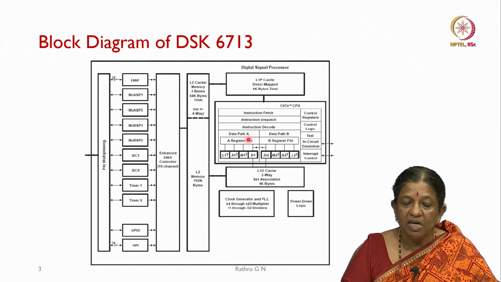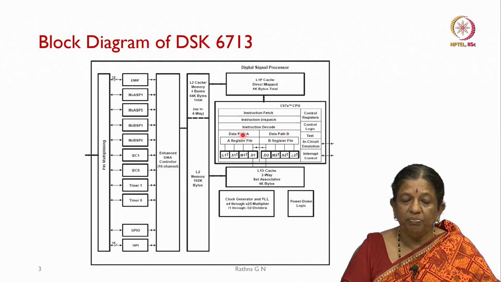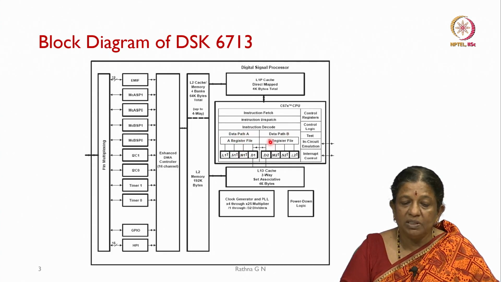We call one path A and the other path B. The A register file is connected to one functional block, and the B register file is connected to the other, and these are some of the functional units.